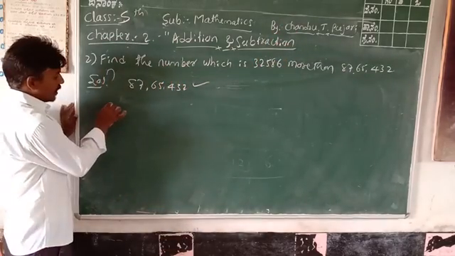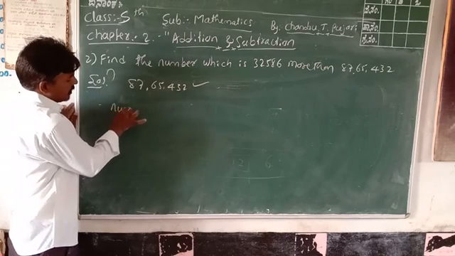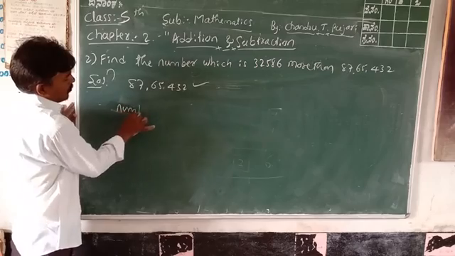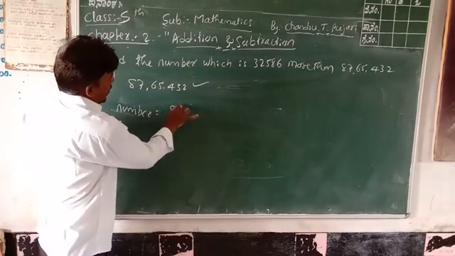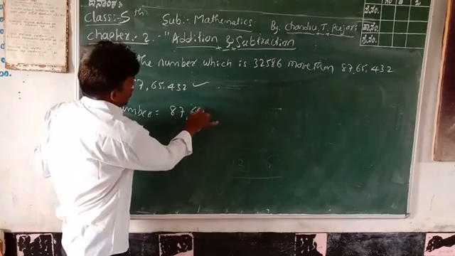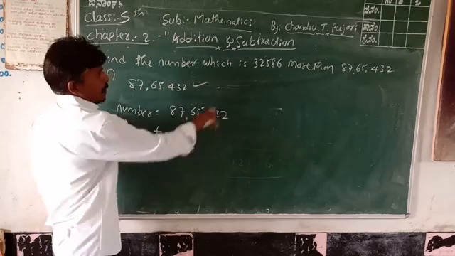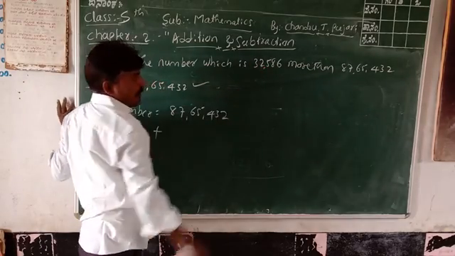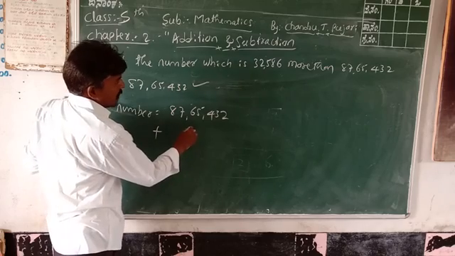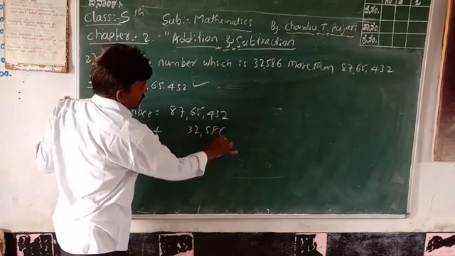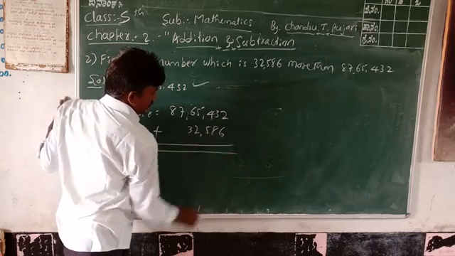Therefore, the number is equal to 87,65,432 plus how much more? 32,586 more. So it is the addition of these two.